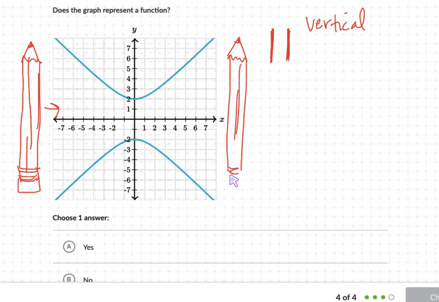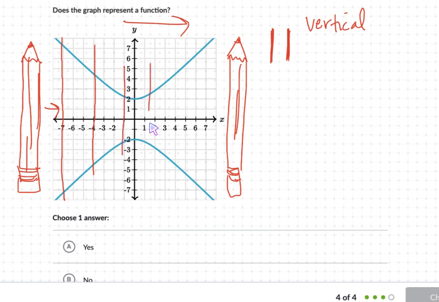If not, then you're just going to draw some vertical lines, okay? So I'm going to draw one here, here, here, here, here, and here. Does my vertical line touch more than one location? Yeah, it does. Here and here, here and here, they all touch more than one location. So that means it's not a function.